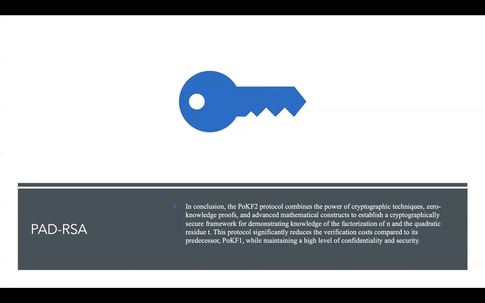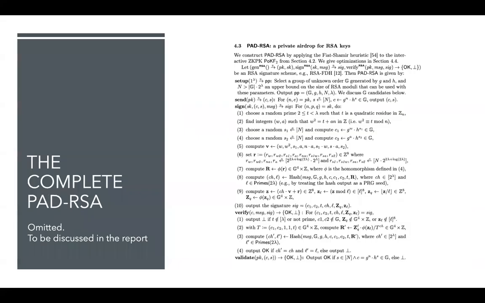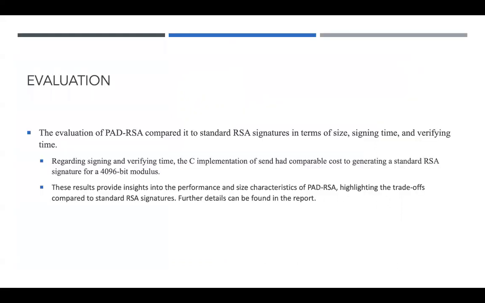It will be discussed later in the report. So based on the above material, we can construct the formal PAD RSA by applying the Fiat-Shamir heuristic to the interactive ZKPK protocol from the above sections. Yeah, I will omit this for time reasons, and it will be discussed in detail in the report.